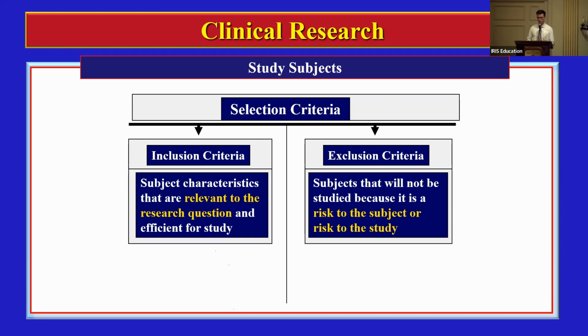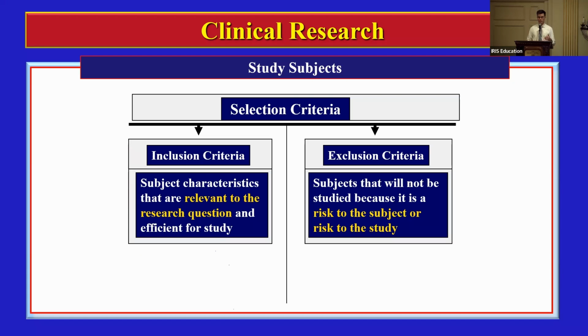A good example of this would be immunocompromised patients. Generally, a patient or individual who's immunocompromised has specific needs in terms of managing that immunocompromising condition. So potentially participating in research for these individuals may be of harm to them. So you may want to exclude them from your study.